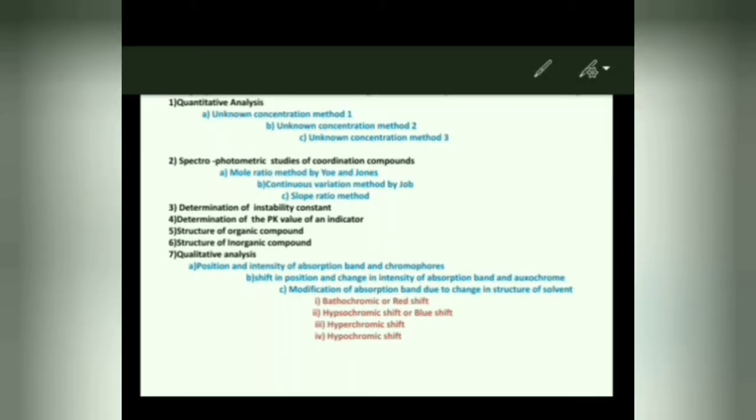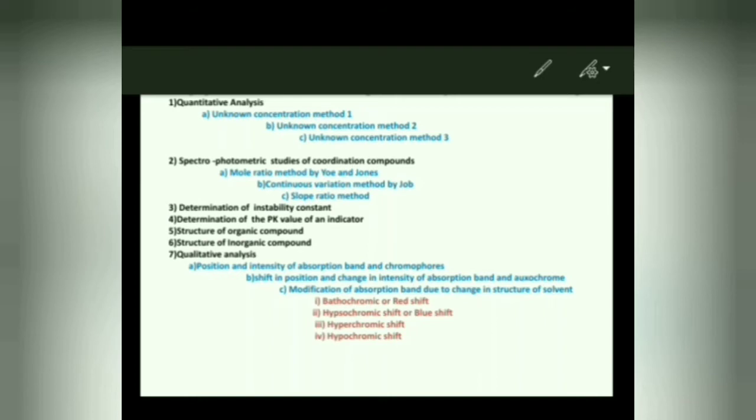In method three, the unknown concentration can be easily determined with the help of a spectrophotometer and Beer's law. According to this, we can use A = log P0 divided by P, or this can be written as log 1 by T, that is the ratio of transmittance, which is equal to abC, nothing but Beer's law.